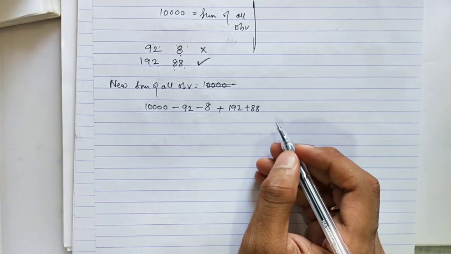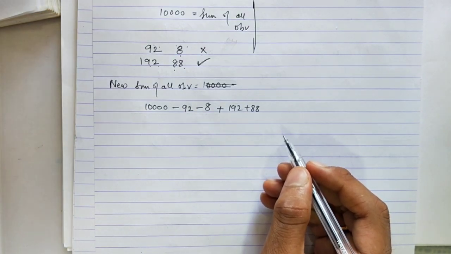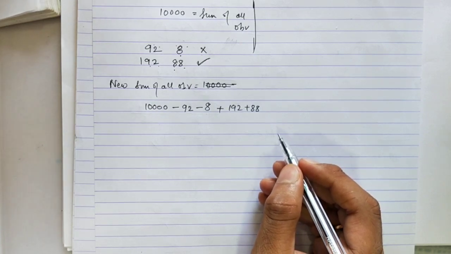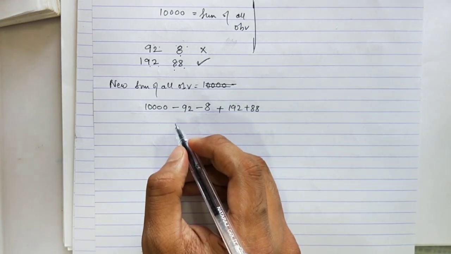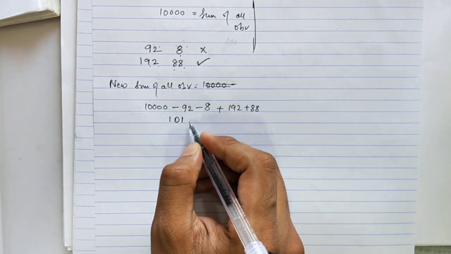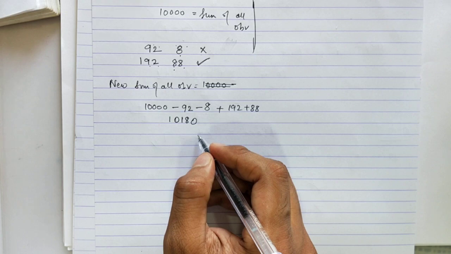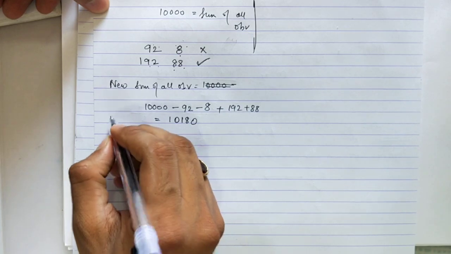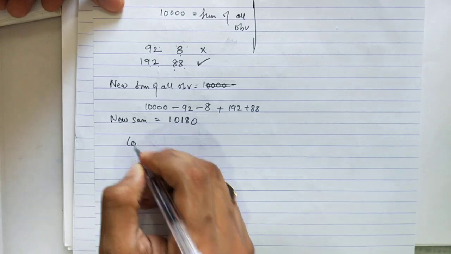Then make the calculations here. 10,000 minus 92 minus 8 will be 9900, plus the right values. This is the answer I am getting by solving this. So this is my new sum.